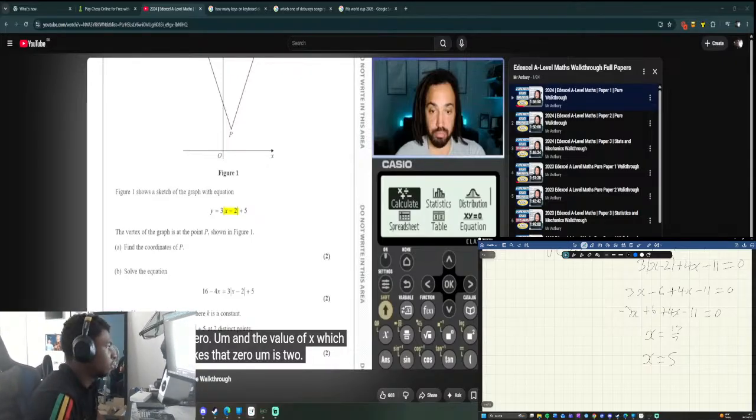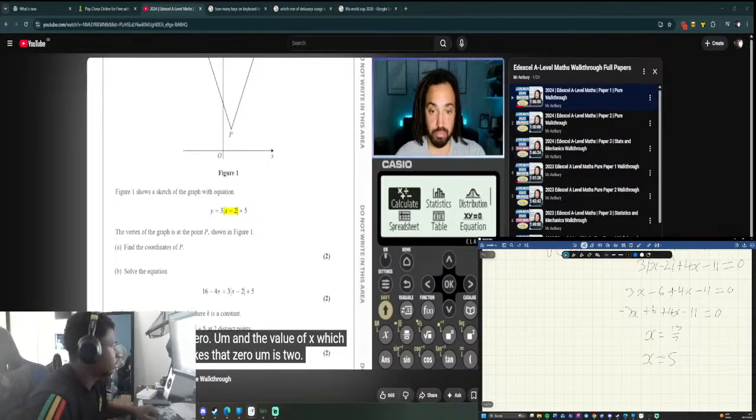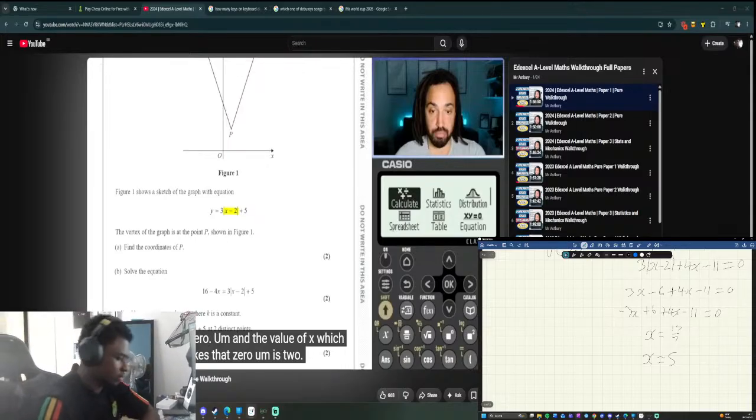Now, can it be both of them? I don't know why I'm saying that. We're going to put both in the calculator and see what happens. So 16 minus 4 times 5. Oh, wait, just do it the other way around.